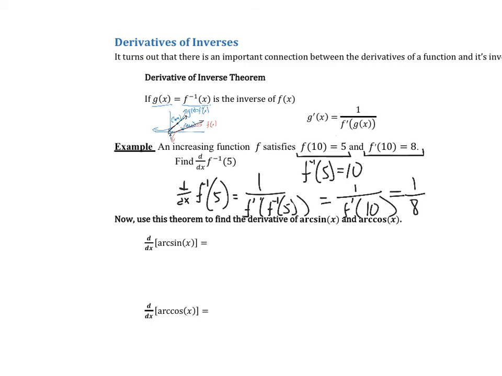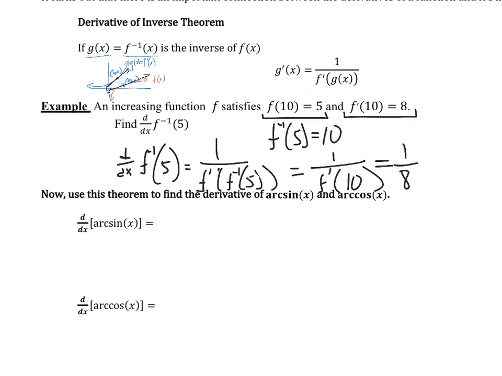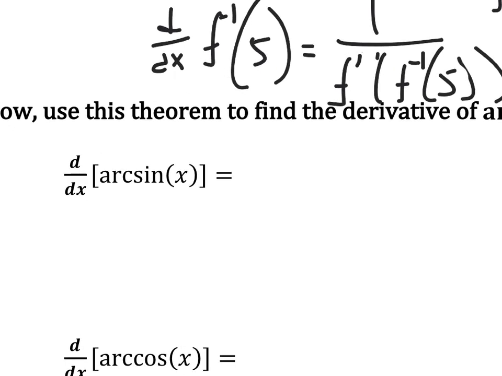All right. Well, so what does that mean? What that means is this. If I want to find the derivative of arc sine, that's going to be the reciprocal, or 1 over the derivative of sine, which I do know. Derivative of sine is cosine, composed with the inverse function, arc sine of x.